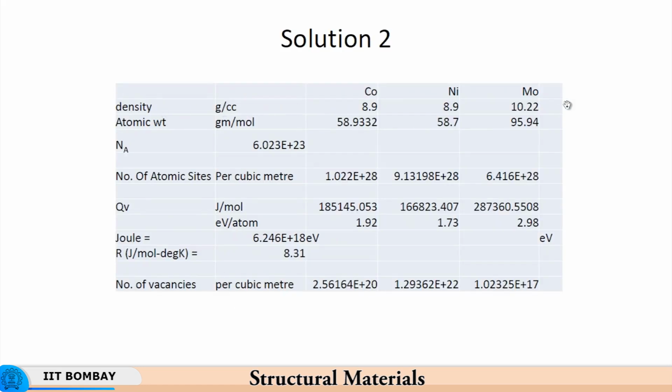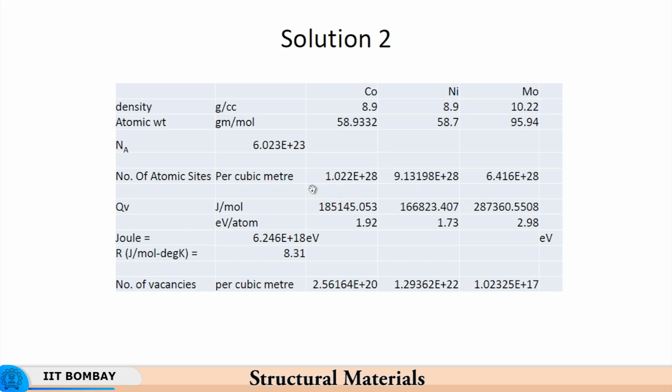As given in the previous slide, you have the density and atomic weight listed out here. The number of atomic sites per cubic meter is 1.022 into 10 to the power 28 in case of cobalt.